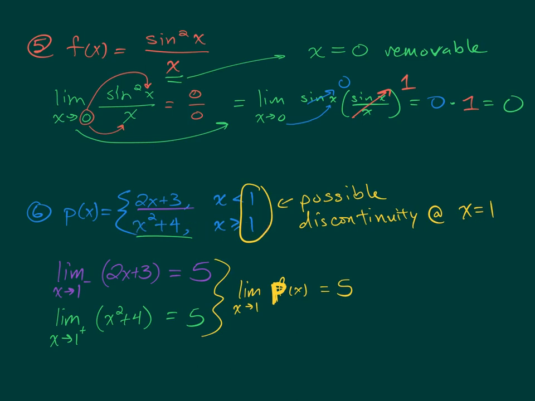The very last thing that we needed to have happen was that the limit as x approaches 1 of p of x must equal p of 1. And that's true. So this function is continuous. That's what we can conclude. P of x is continuous.